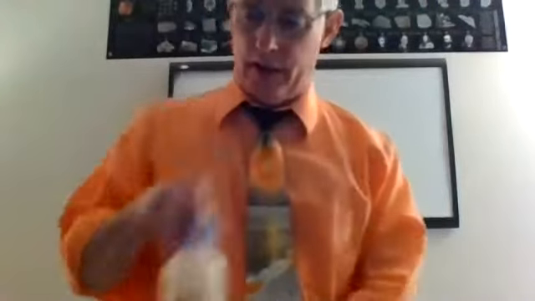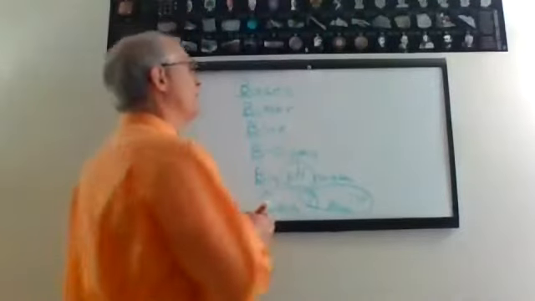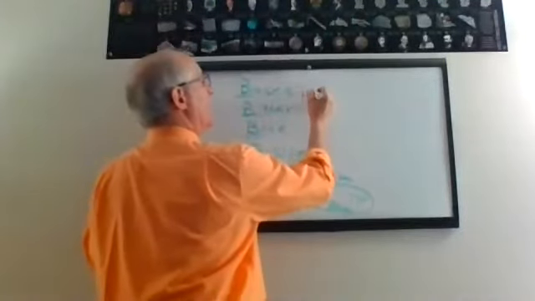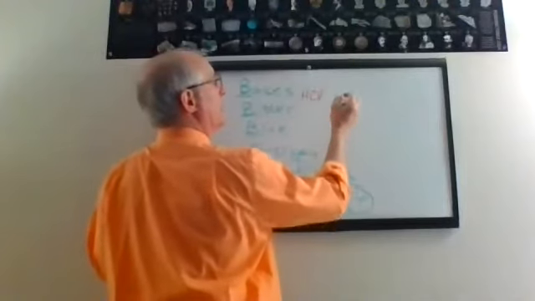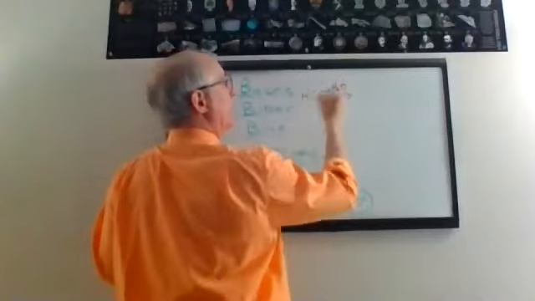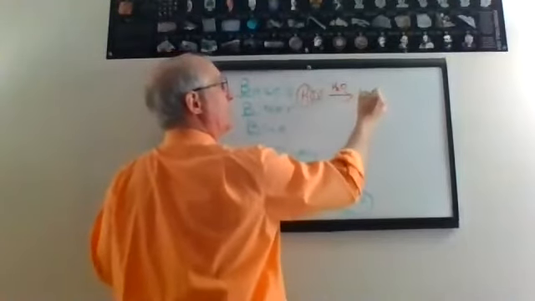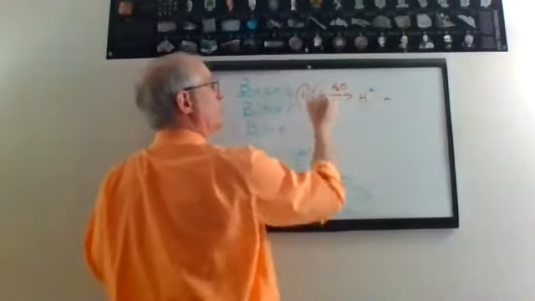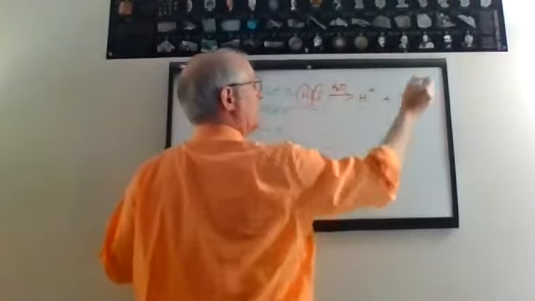Okay, I'm on page 473. An Arrhenius acid is a chemical compound that increases the concentration of hydrogen ions. So let's take this as an example right here, and we're going to see how it does that. We take hydrochloric acid, and you put it in water, and it forms hydrogen ions, and it forms chloride ions in solution.